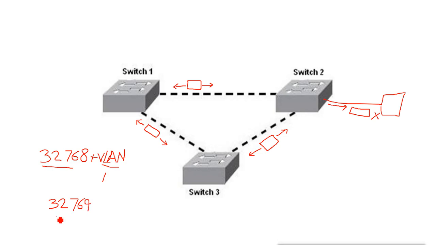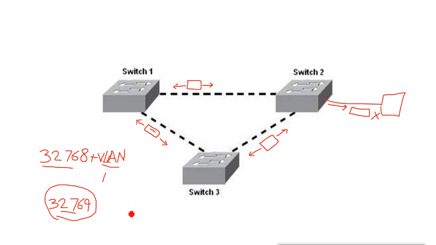So this will be the bridge ID, or the switch ID, and this information is also included in the BPDU. When they exchange BPDUs with each other, they exchange information about their bridge ID, and the bridge ID is the combination of the bridge priority plus the VLAN ID.